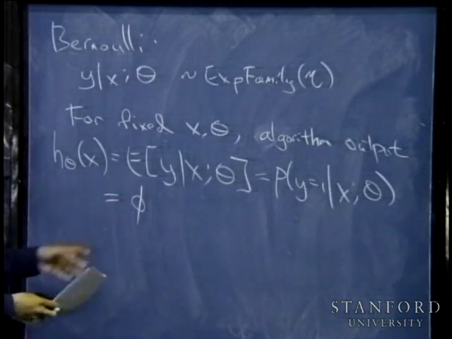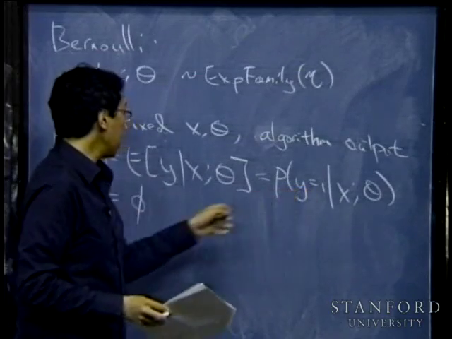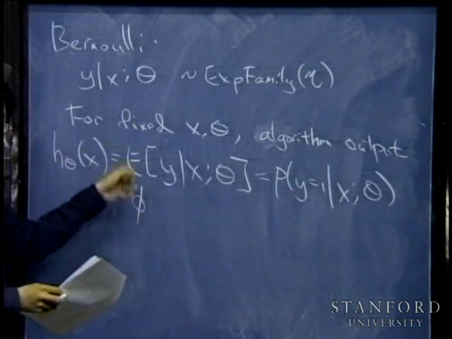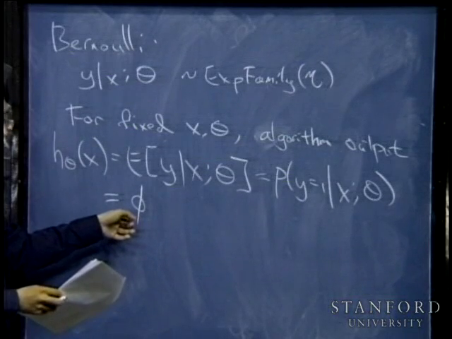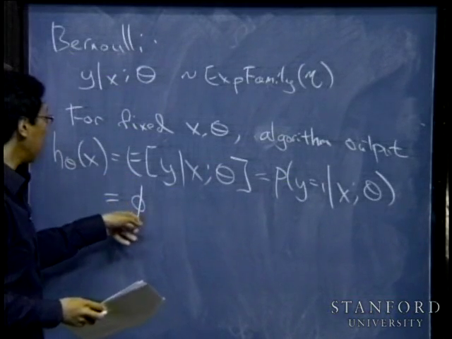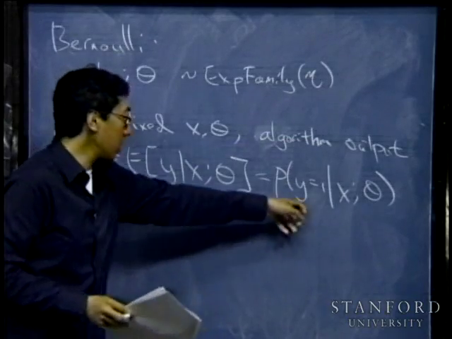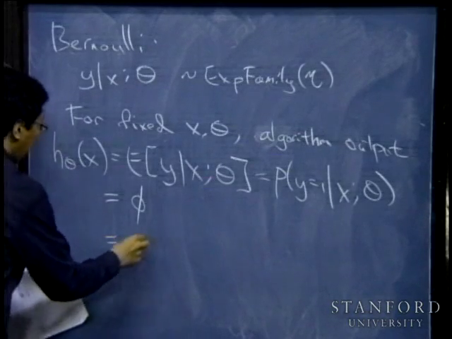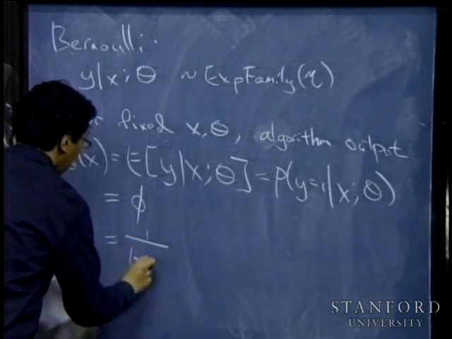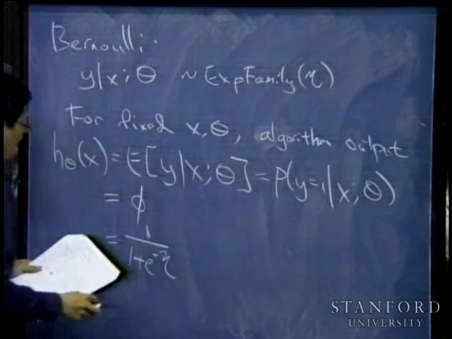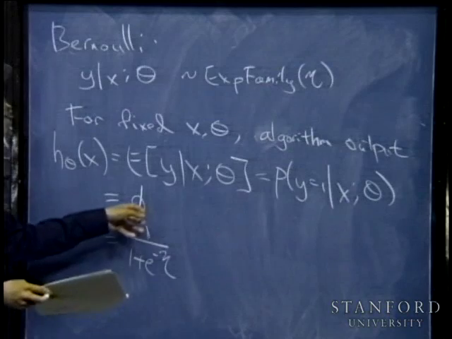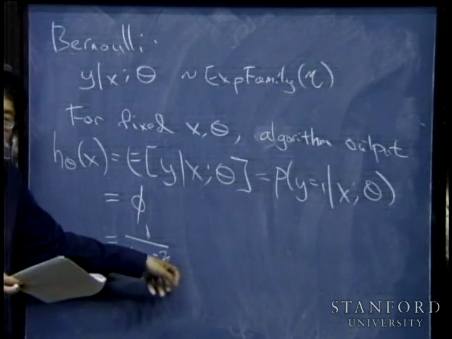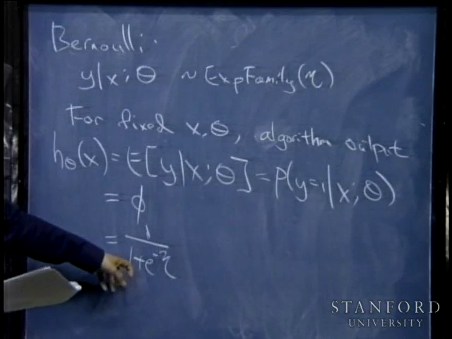And so, the probability that y equals 1 is just equal to phi, because that's the parameter of my Bernoulli distribution. Phi is, by definition, the probability of my Bernoulli distribution taking the value 1. Which we worked out previously, phi was 1 over 1 plus e to the negative eta. So we worked this out on a previous board.